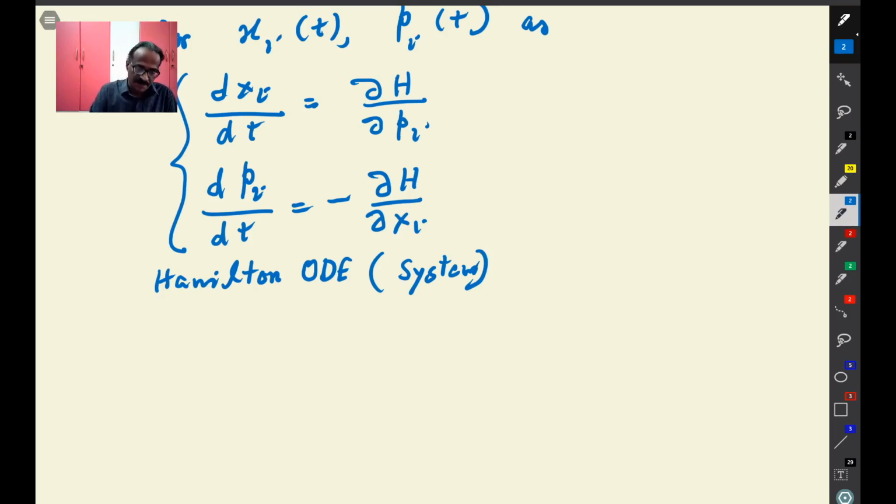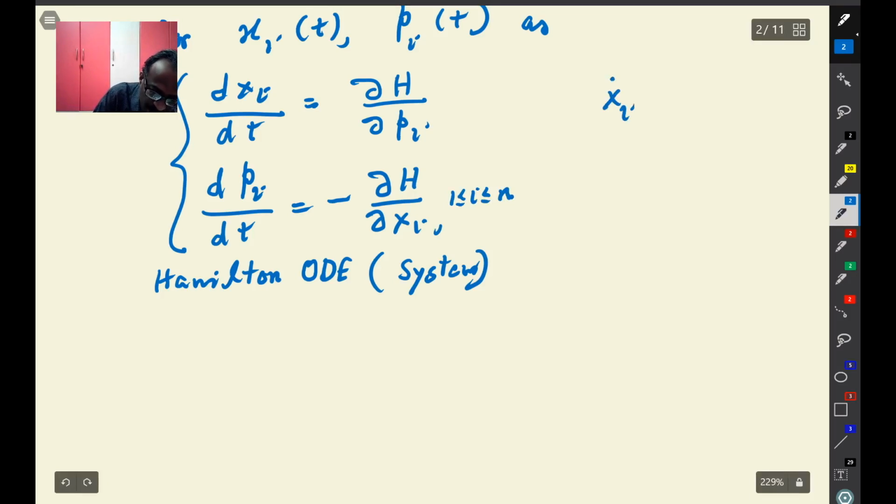We may give that example. In compact notation, we will write it in this form. These are all for 1 less than or equal to i less than or equal to n, so you have a set of 2n equations. Eventually we will be writing x_i dot is equal to the derivative.